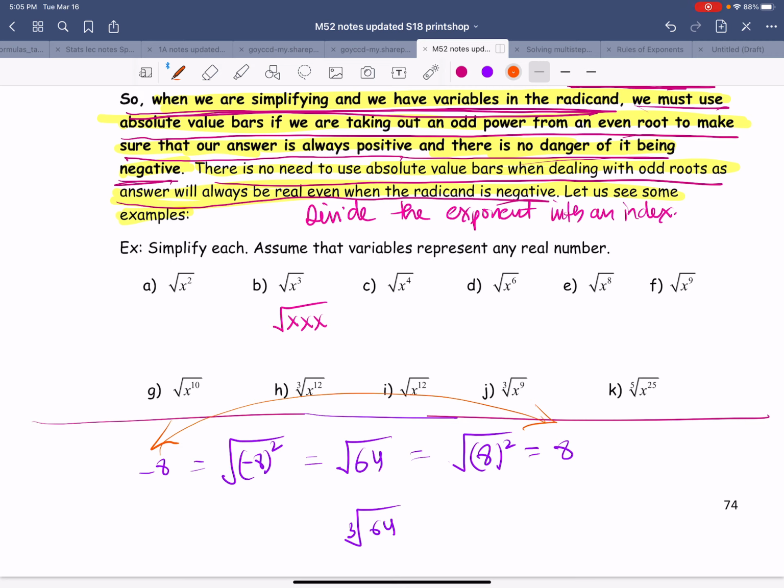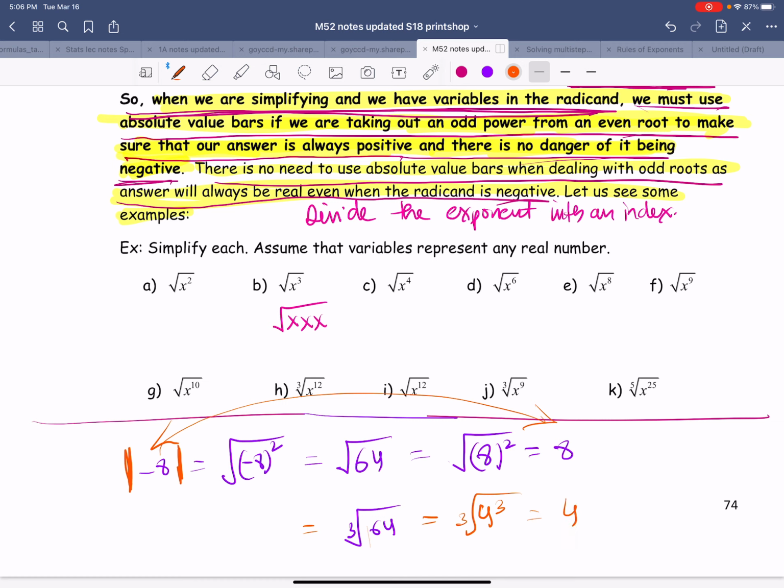So to avoid this dilemma, we put absolute value bars whenever we take out an odd power from an even root, so that we know for sure that your answer is positive only. And this is not the trouble with cube roots, because there's only one way to write the cube root of 64. There's only one way you can write it, 4 to the third power.